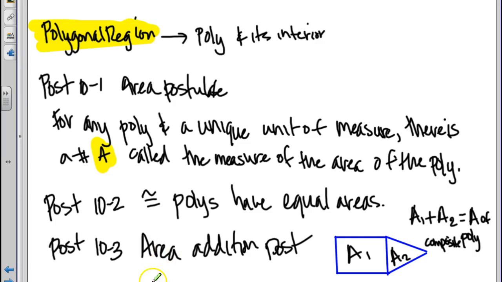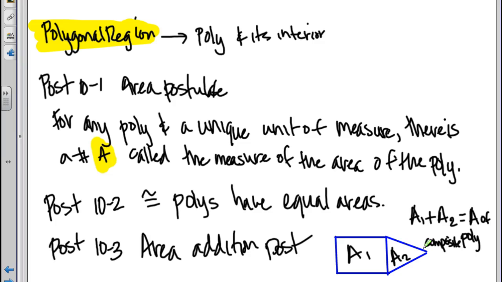Postulate 10.3 is the area addition postulate, and it says we can make a composite figure, which means you take a rectangle and a triangle or two different shapes and put them together. So if they give me a composite figure made up of more than one polygon, then we can split it into different shapes, and we can find the area of each of those shapes and then add them together and have the area of the entire figure.